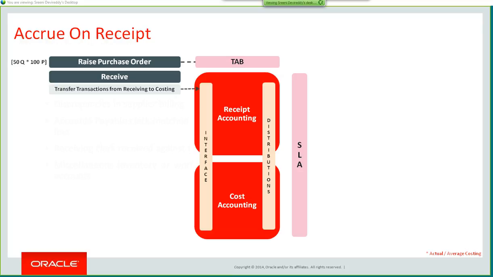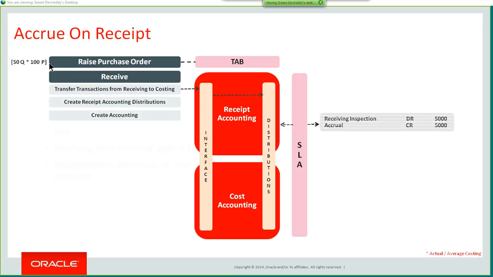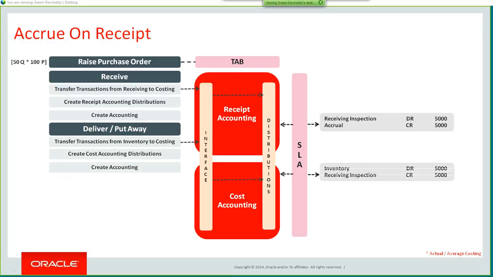Again, I have taken a 50 quantity and 100 price. So it's again a 5,000 purchase order. So I have 5,000 booked here and I delivered them. So 5,000 gone into inventory. But when I get the invoice, I got the invoice only for 49.